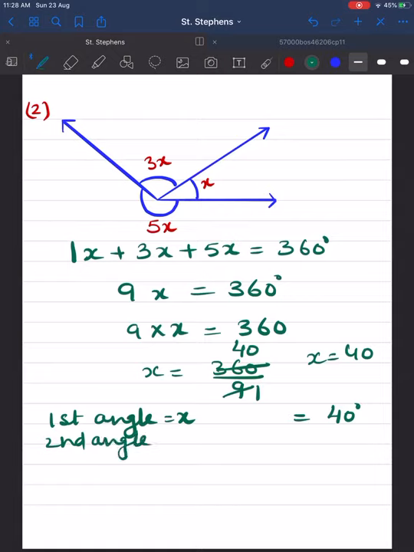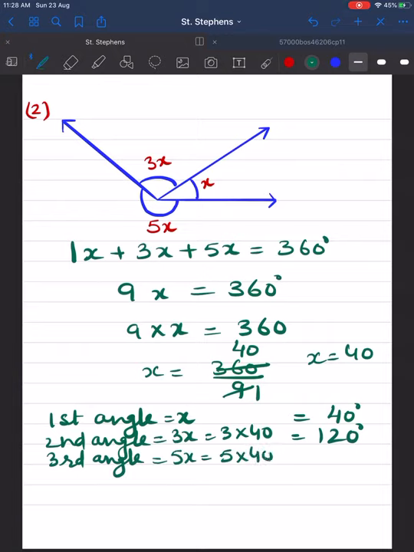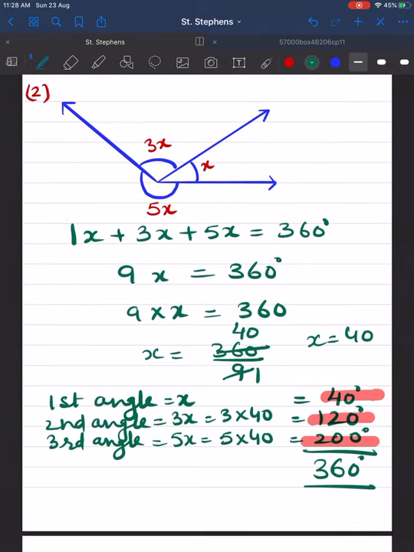Second angle is 3x, that is 3 into 40 and we get here 120 degree. Third angle is 5x. So 5 into 40, we get 200 degree. Now if we add all these three angles, 40 degree, 120 and 200, we get 360 degree. So it's a complete angle.